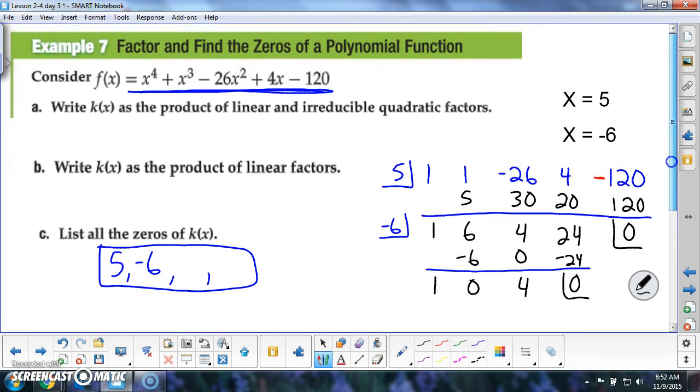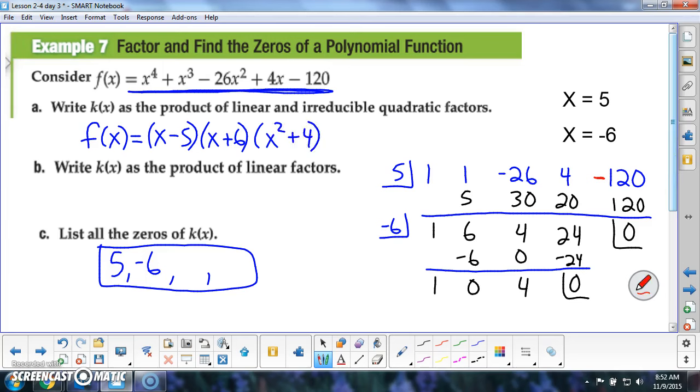This confirms what we thought would happen. And so now we can write it as f of x equals x minus 5, because there's a 0 at 5, x plus 6, because there's a 0 at negative 6, and then I'll have to write x squared plus 4. And I get that x squared plus 4 from these resulting coefficients. And so then to write it as a product of linear factors, we still got the x minus 5, we still got the x plus 6.